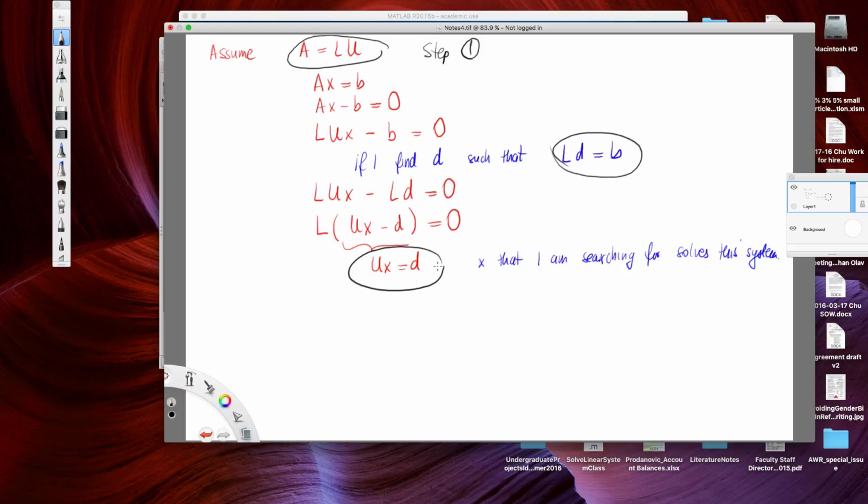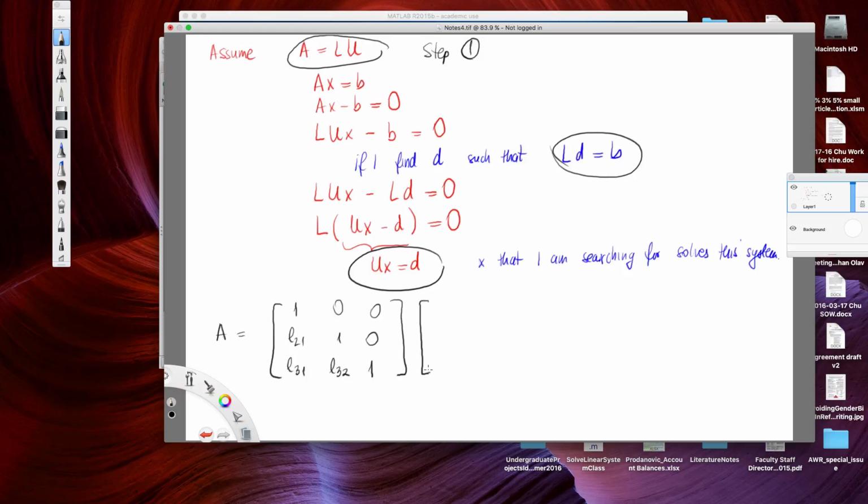Now, just going back a little to that A, if you think about what I did there, A is equal to L, and I said I have ones on the diagonal, and then I have L2,1, L3,1, L3,2.